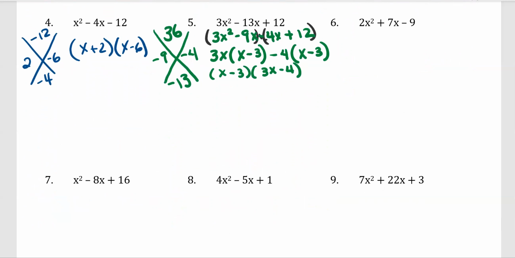So the other method is we'll take 3 times 12, get 36. The factors that add to negative 13 are negative 9 and negative 4.